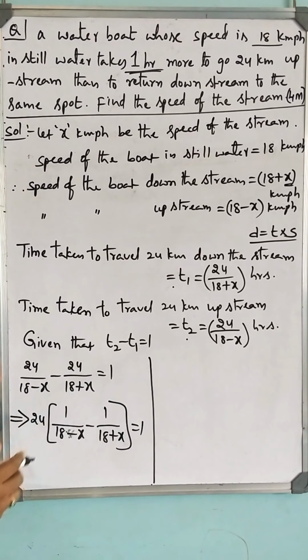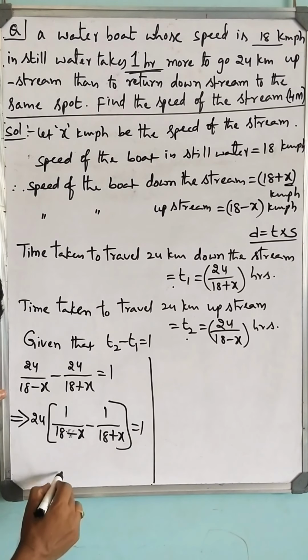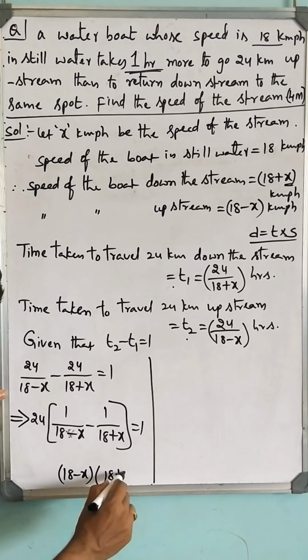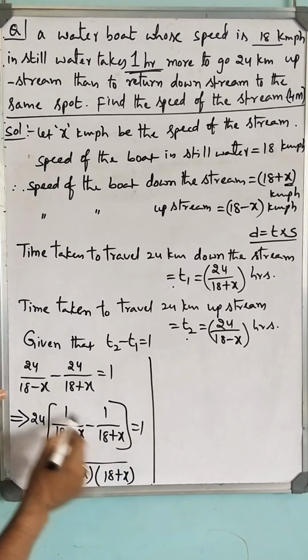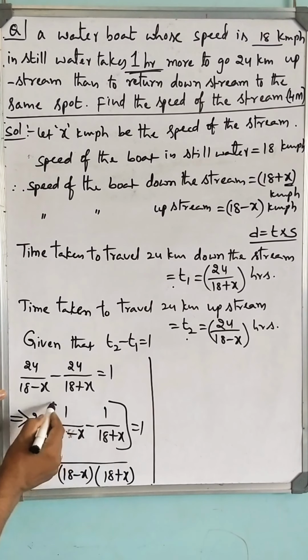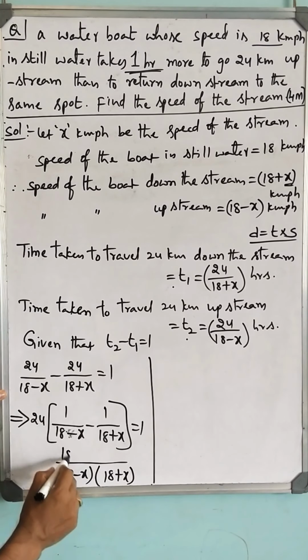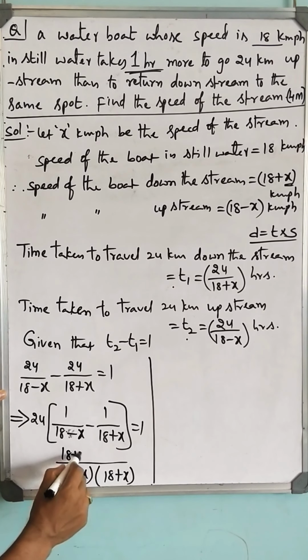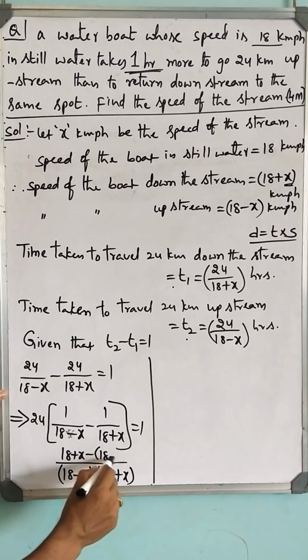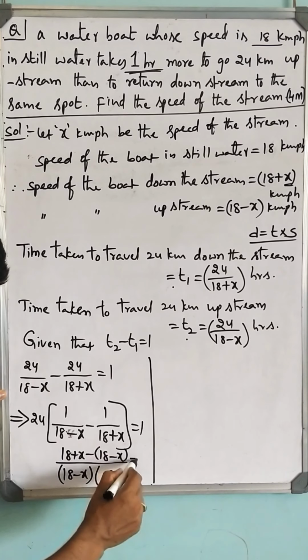Shift this 24 to the RHS, then here 18 minus x into 18 plus x is the LCM. It goes crosswise, like this term goes into the numerator. 18 plus x minus of 18 minus x is equal to 1 by 24.